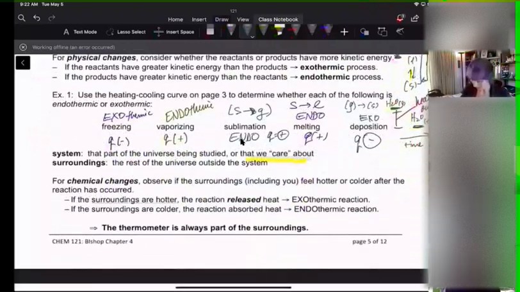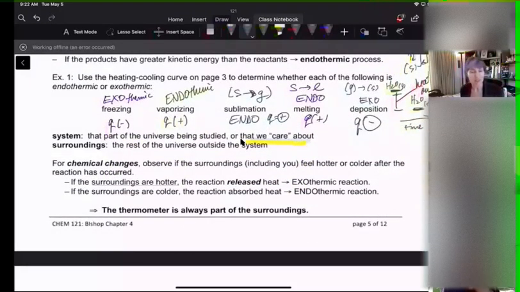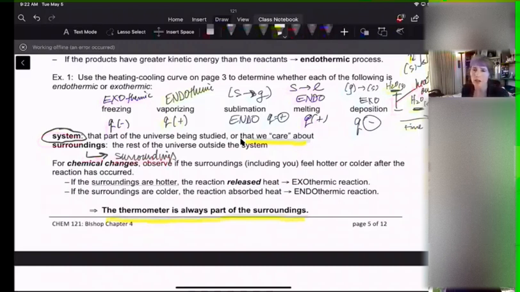Now, these signs get confusing because we always are going to look from the system perspective, and everything else in the world is going to be the surroundings. Where is our thermometer located? Is that the system or is that the surroundings? It's always part of the surroundings. We're not going to do chemistry to find out about the thermometer. The thermometer is a measurement device.